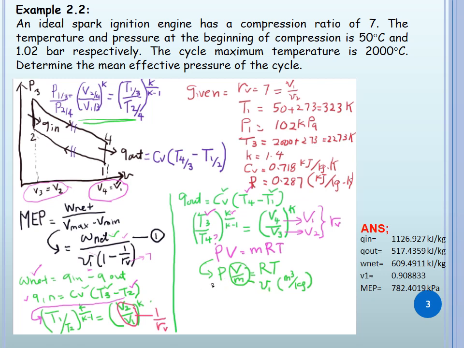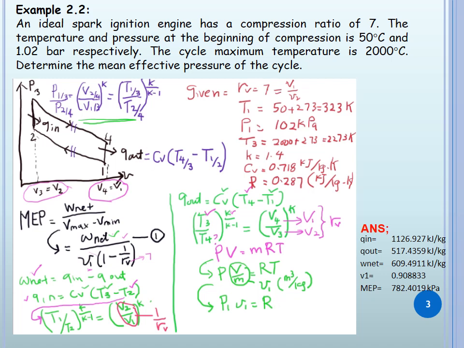I will rewrite it again. So which pressure and temperature do we have? We have both pressure and temperature at which state? Can you answer that? If we look at the data that has been given to us, we only know the pressure and temperature at state number 1. So that's why we are using the data at state number 1.